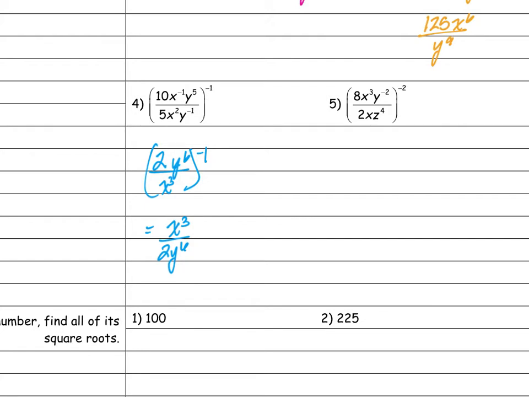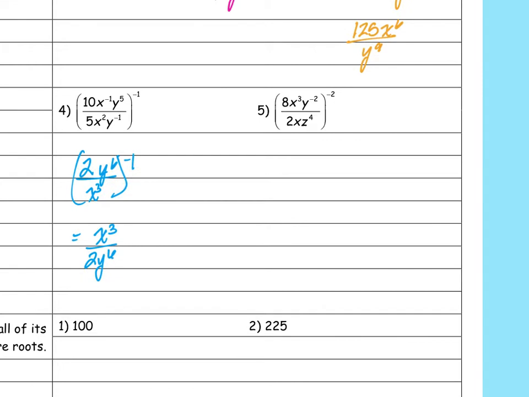Awesome. And then number 5, again, I'm going to simplify the inside first, I think. And so I'm going to get 4x squared all over y squared z to the 4th. And so then the negative 2 means I'm going to flip it upside down.